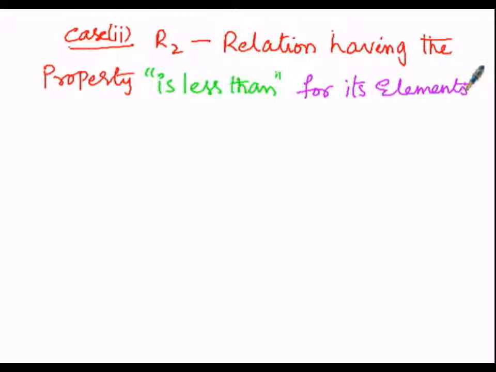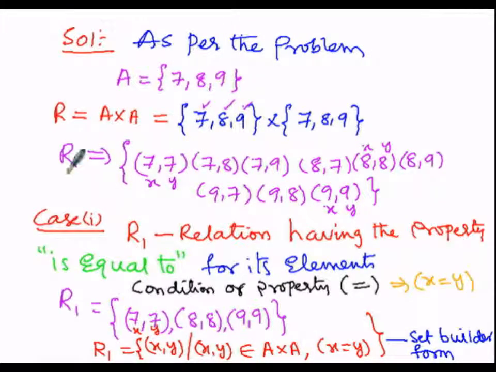But we know that relation R is given by means of the elements 77, 78, 79, 87, 88, 89 and 97, 98, 99.